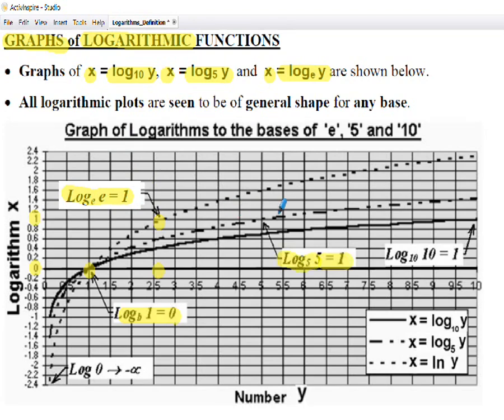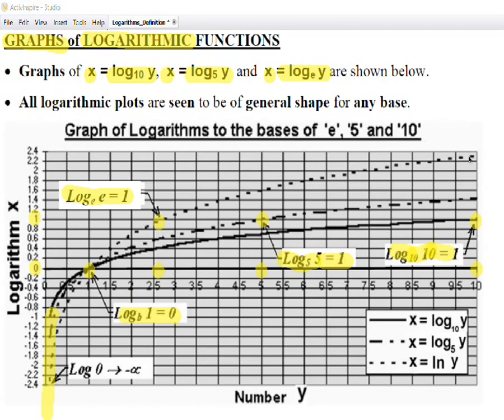So again, taking log to the base 5 of the number 5 gives us a 1, and that relates to the base of 5. And here we've got log to the base 10 of 10 is equal to 1. In other words, we're taking log to the base 10 of the number 10, that equals to 1, which is the base. The third characteristic we will look at is how all the log curves tend to negative infinity.